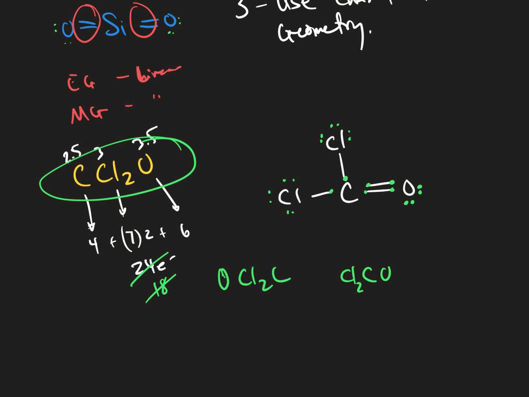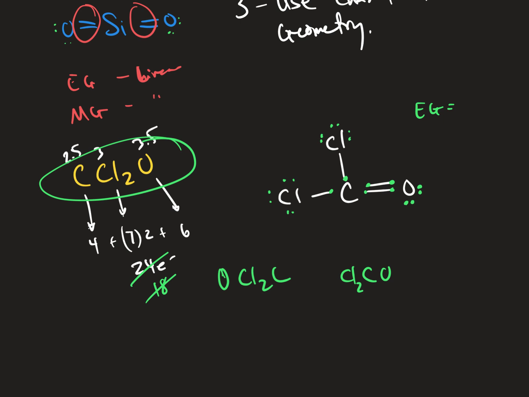So the shape, or the angle on this one, would it be triangle? The electron geometry, what would it be? Trigonal planar? How many regions do we have?